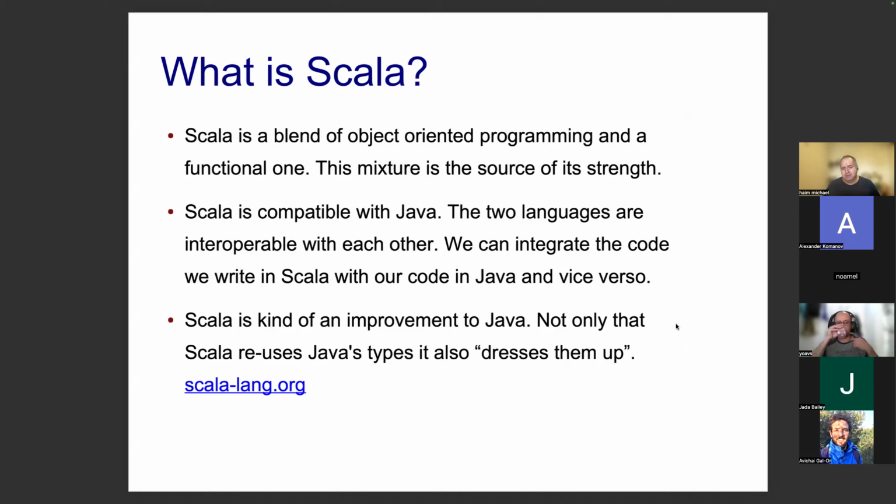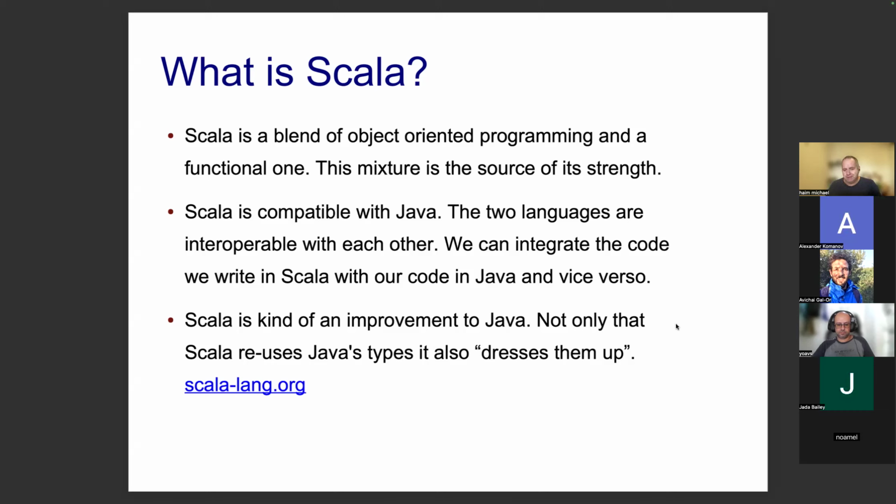In addition, its support for functional programming is well developed, and it starts with the fact that every function in Scala is actually an object, something that you won't find in Java and C Sharp.